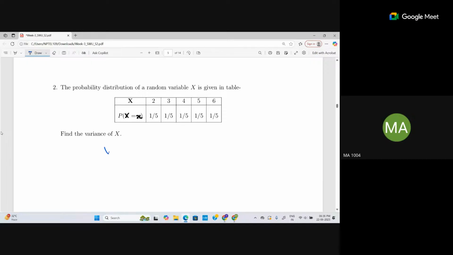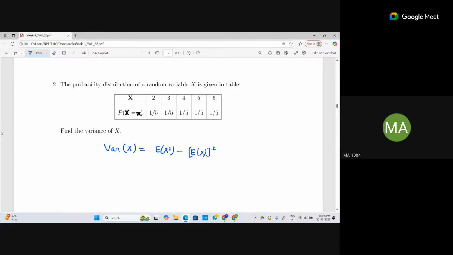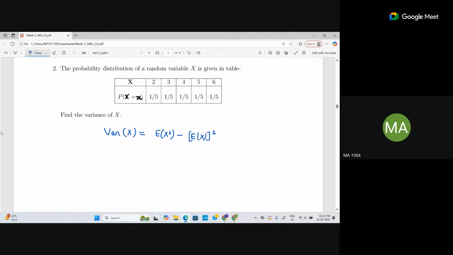So we have to use the simple formula for variance. Variance of x is equal to expectation of x square minus expectation of x whole square. So we need to calculate two things here: expectation of x and expectation of x square.